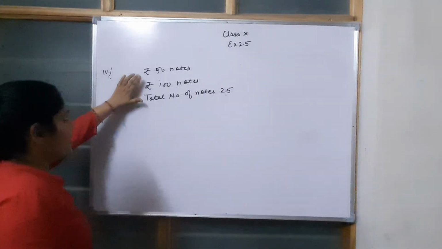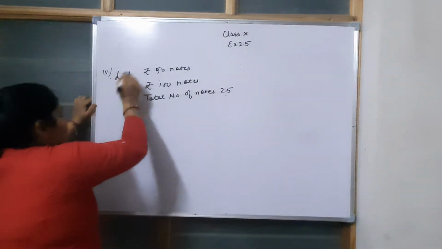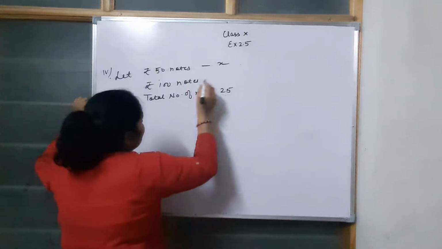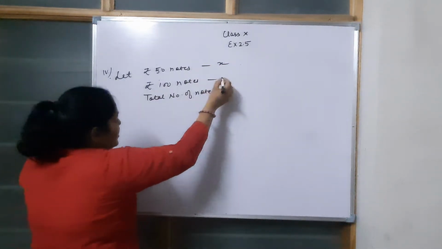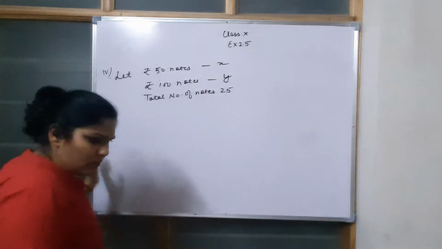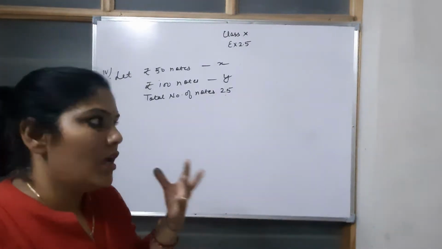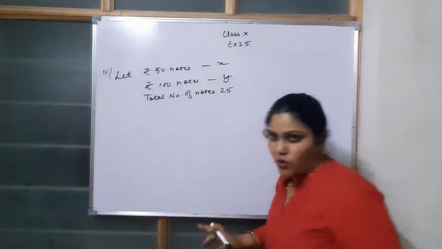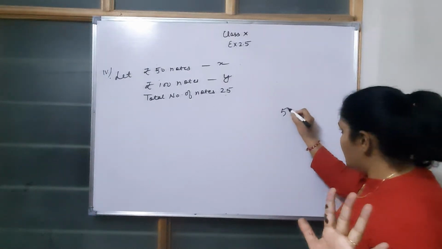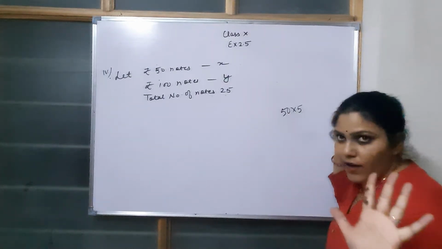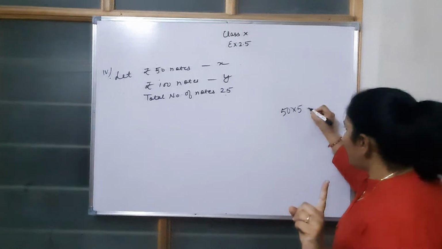Let the rupees 50 notes be X and the rupees 100 notes she got be Y. Taking an example, suppose you got 5 notes of 50 rupees and 10 notes of 100 rupees.